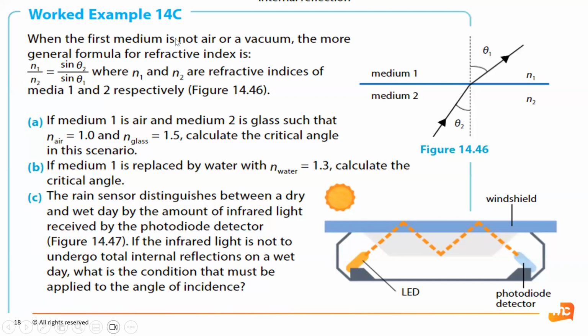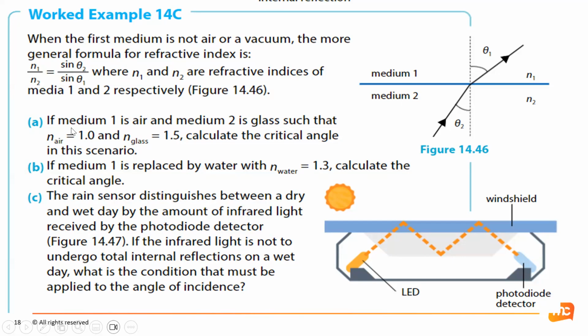So this one is given that in the first medium, like this, with 2 different mediums, usually one of them is air or vacuum. But in this case, if one of the mediums is not air or vacuum, then the general formula will be n1 over n2 equals sine theta 2 over sine theta 1, where n1 and n2 are the refractive indices of medium 1 and 2 respectively.